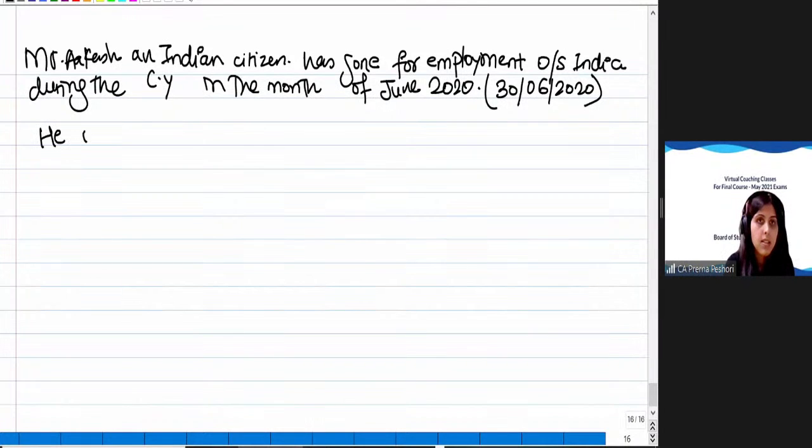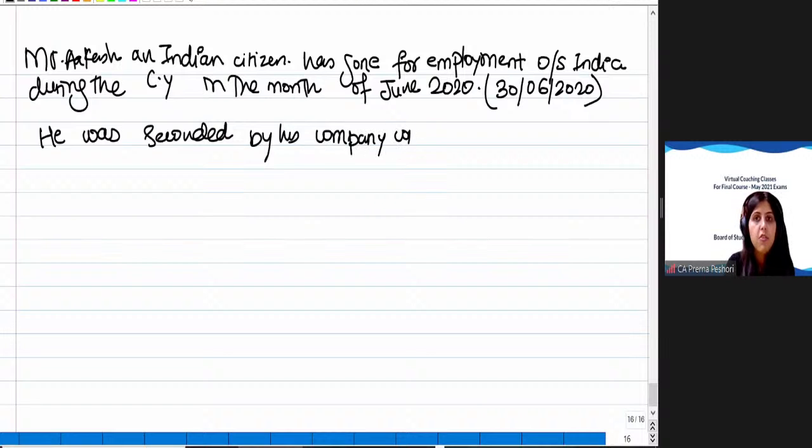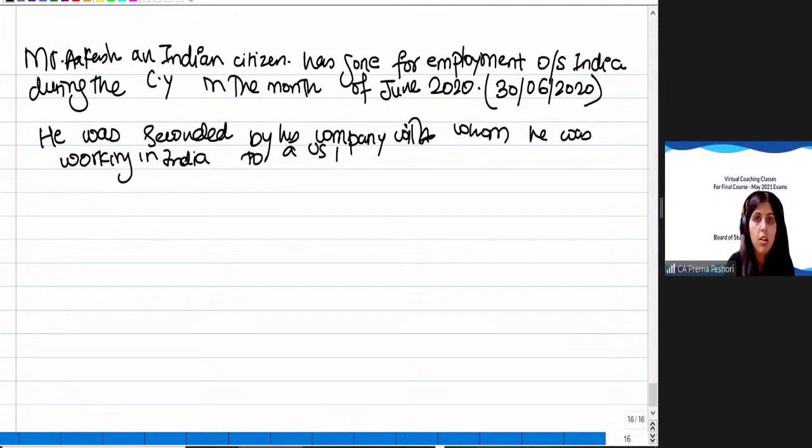He was seconded by his company, with whom he was working in India, to a US based company.